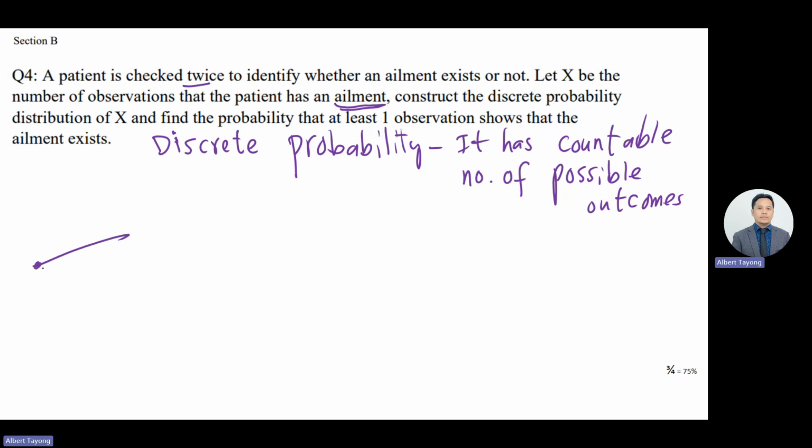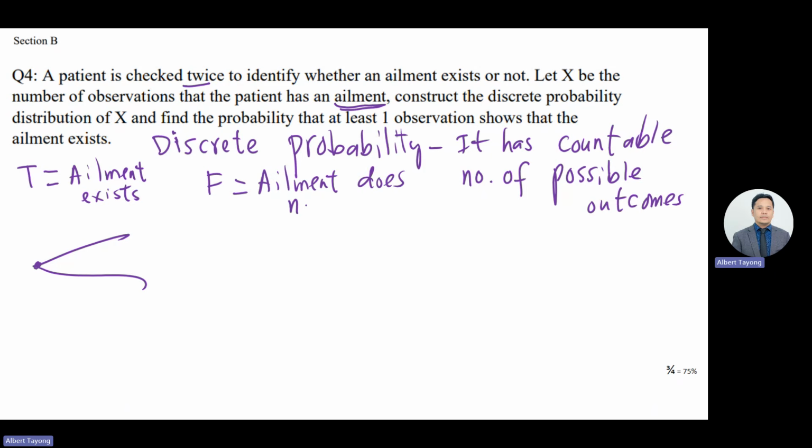So during the first check, it could be true, okay? T is ailment exists. You have to define that. Then F, ailment does not exist. So you have to define variables to save space. That's the purpose of that, saving space.